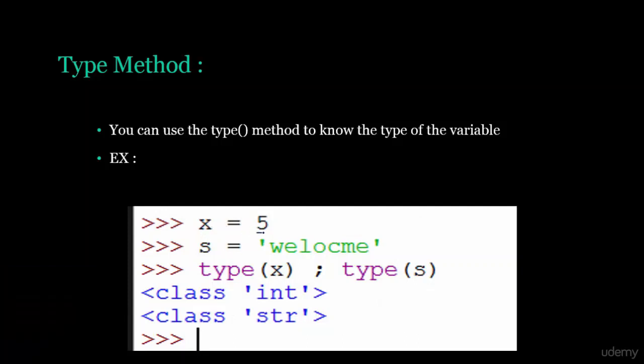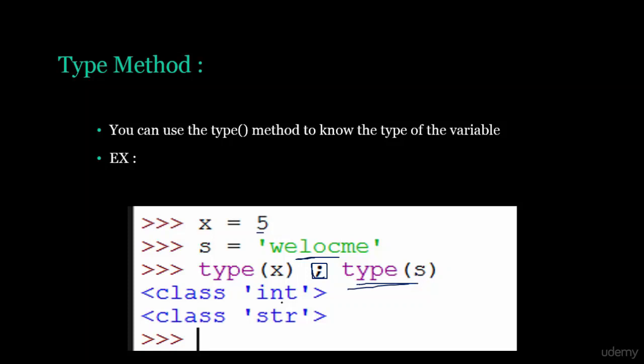In this example, we can see x equal to 5 and s equal to welcome. I said here type of x semicolon, this semicolon enables you to write another piece of code in the same line. This will enable you to write two lines of code on only one line. And this is type of s.